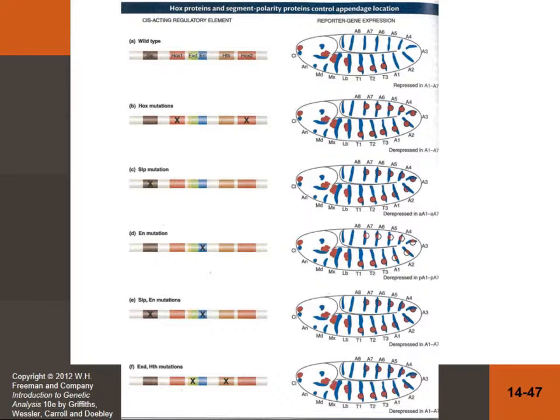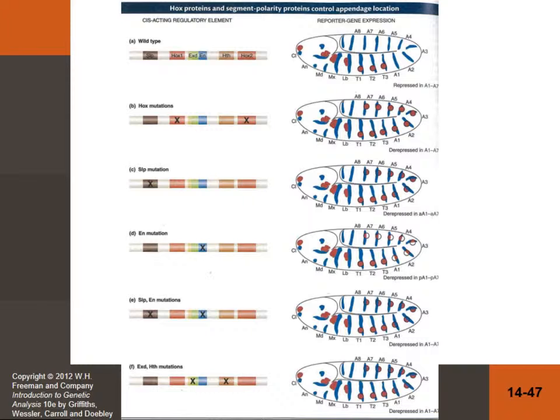Then we have some impacts as a result of mutations of other regulatory elements. So in C, we have a mutation in the SLP binding site. SLP is the name of another gene called sloppy paired. This is a segment polarity protein.